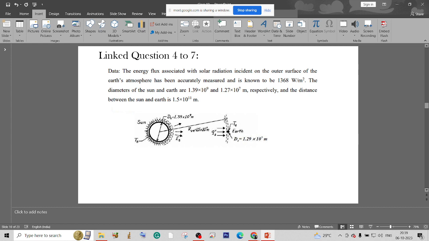We can find this by the radius between the center of the sun and the center of the earth, this RSE. By subtracting the radius of the earth from that, we can find out the sphere where it is incident. So by equating the emission and incident, we can find out the emissive power of the sun.